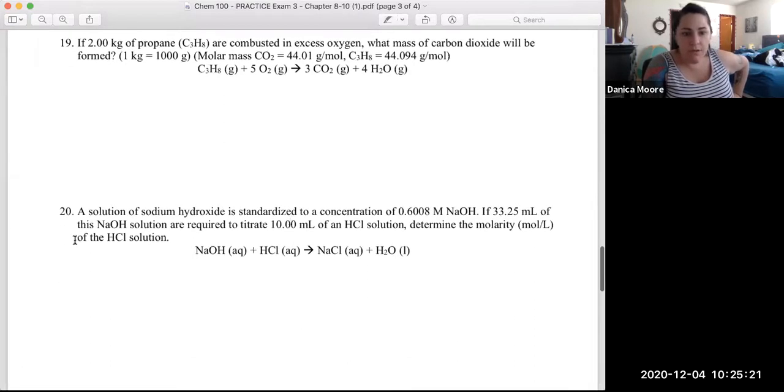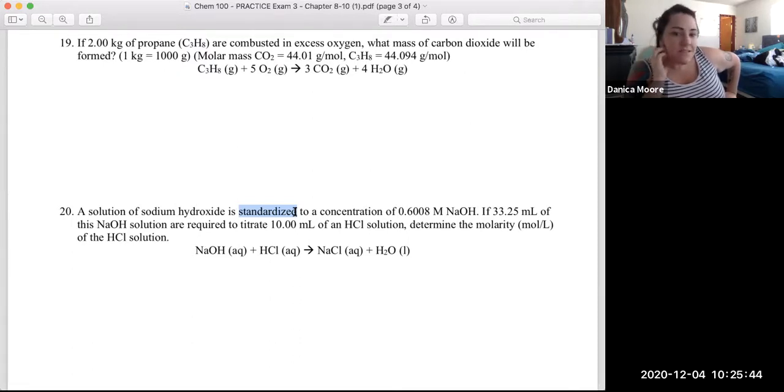Okay, so number 20, this is a titration problem. The reason why I know that it's a titration problem is because the word standardized is used here. Those are the two main buzzwords that you need to understand from titration in order to identify this as a titration problem.